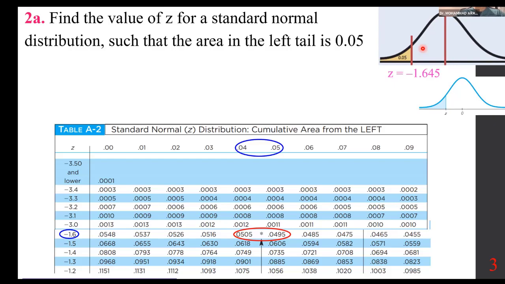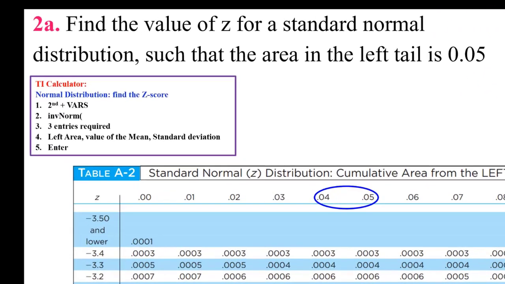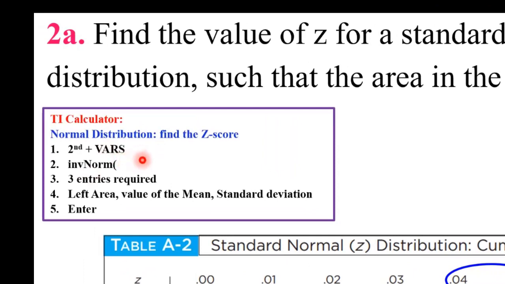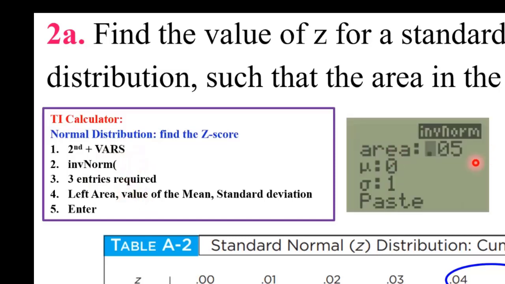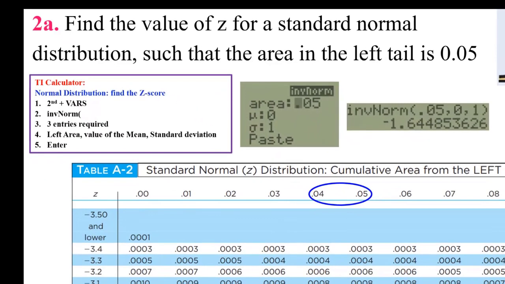If we want to use technology such as the TI, press second, vars, variables, inverse norm, and you put 3 entries. The area is 0.05, mu is 0, sigma is 1, and the result would be, of course, with a lot more decimals than we have here. Negative 1.64, and if you do the rounding as you did here, you end up with the same value.